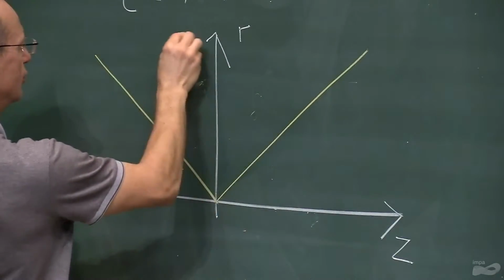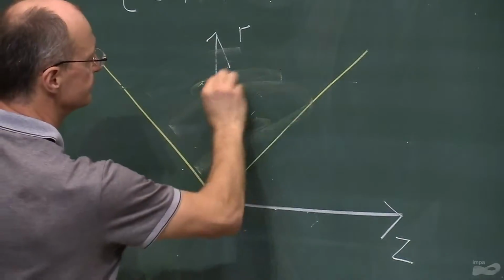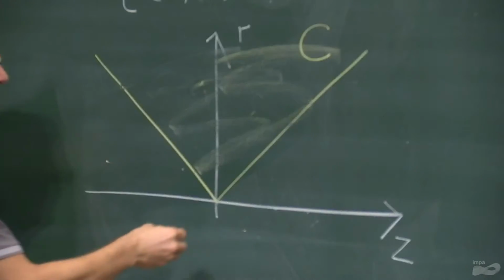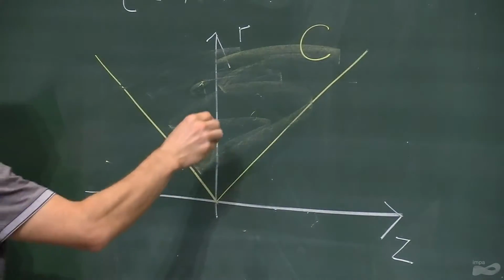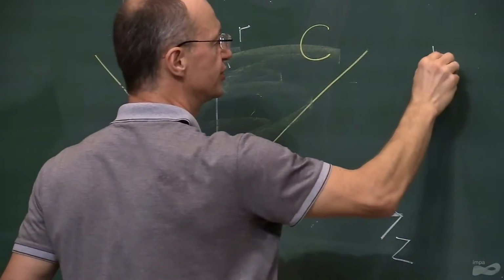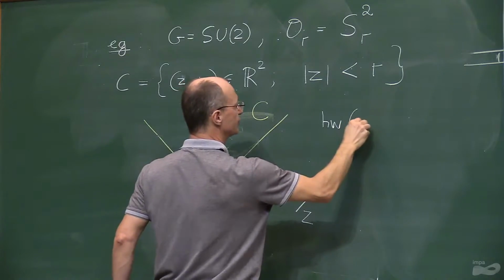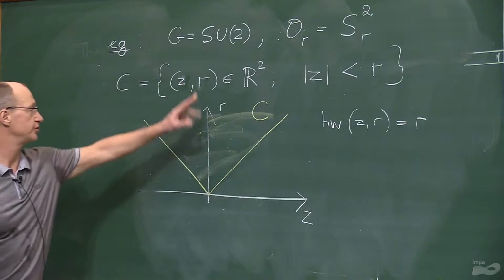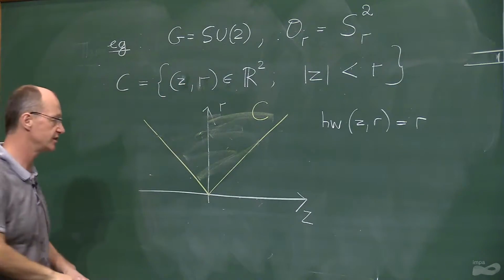So that's the cone C. Now, the highest weight projection of ZR will be equal to R. So that's just projection on the vertical axis.